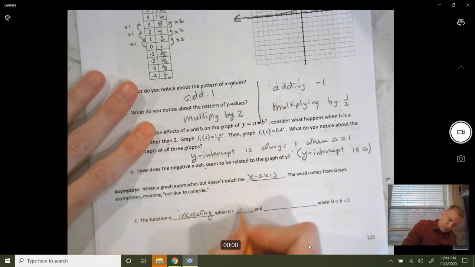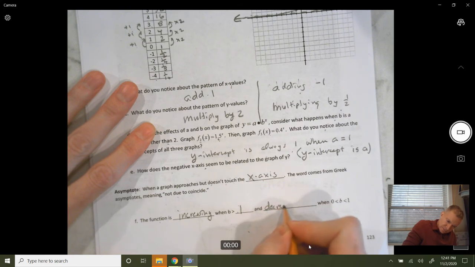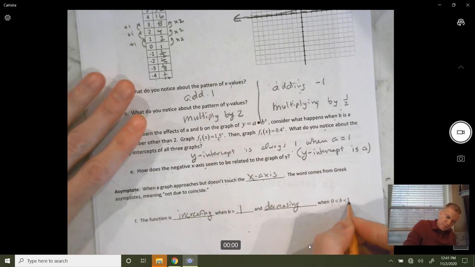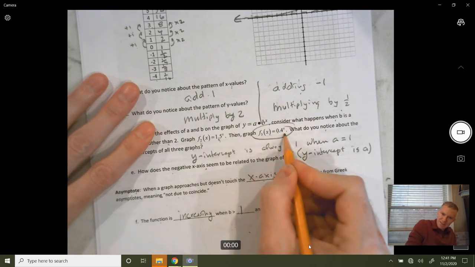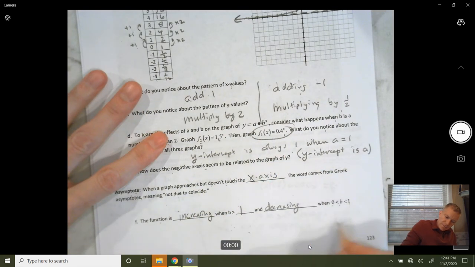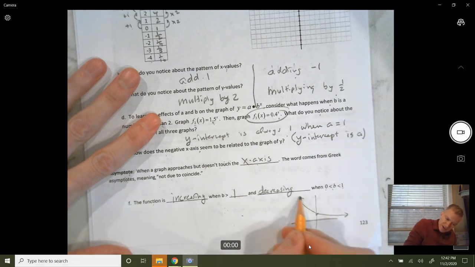Okay, the function is increasing when b is greater than 1, and decreasing when b is between 0 and 1. So you might have graphed something like this. And if you graph something like this, your graph is not increasing. Y-intercept is still 1, but it's coming down this way. Your x-axis is still your asymptote.